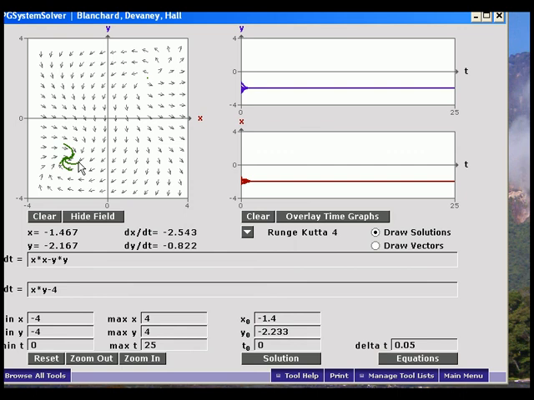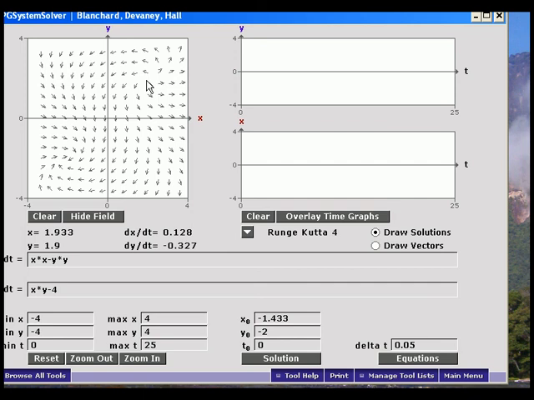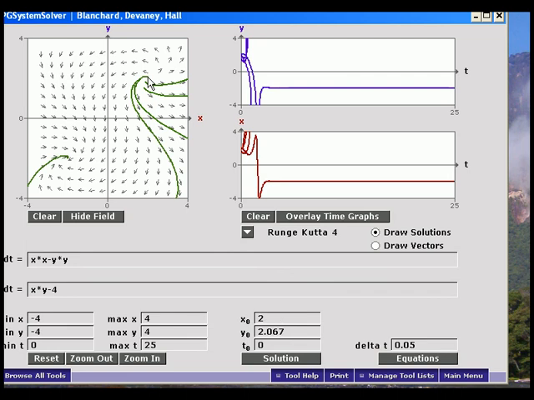That's in chapter 5. But for now, we're just doing the experiment here, at minus 2. If you start exactly there, you stay there. If you start near there, it looks like you're getting sucked into it. Now, if you start near the other equilibrium point, 2, 2, it looks like you get blown away. If you start exactly there, you'll stay there, but it's an unstable equilibrium point. A source is an unstable equilibrium point.